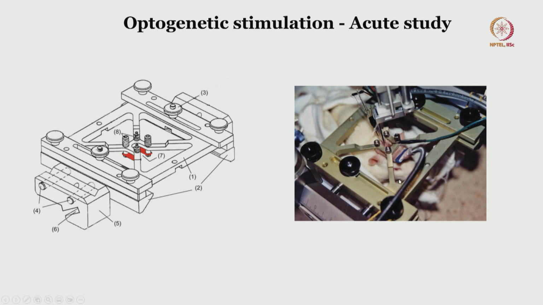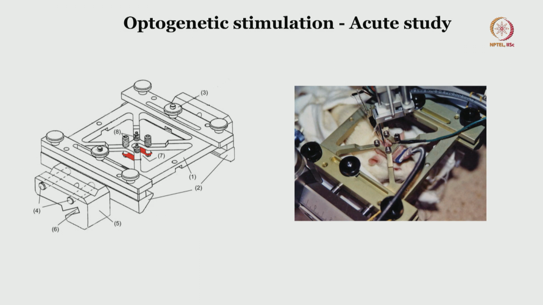If you want to do an in vivo acute study wherein the rat is habituated to this sort of cranial construct or cranial setup, as the rat behaves you can study the brain signals using this optogenetic stimulation, where the rat performs various tasks, like for example a food pellet grabbing task or lever press task, or even for that matter it runs over a big ball for navigational electrophysiological studies.